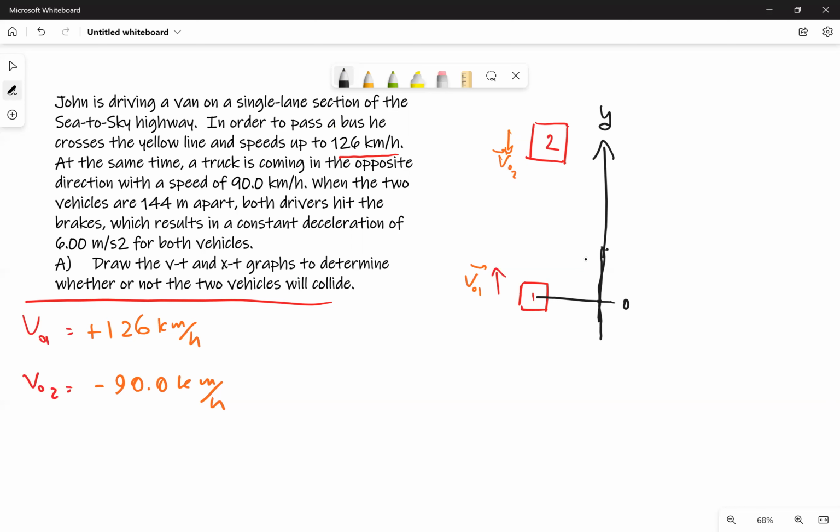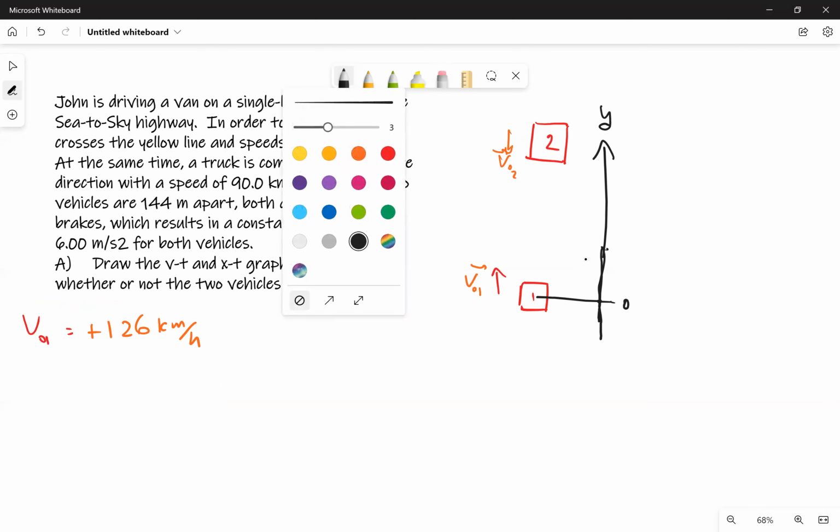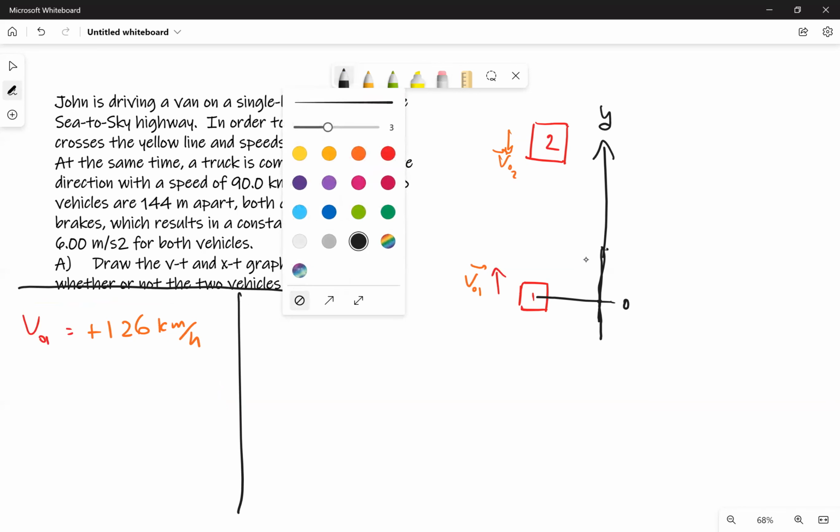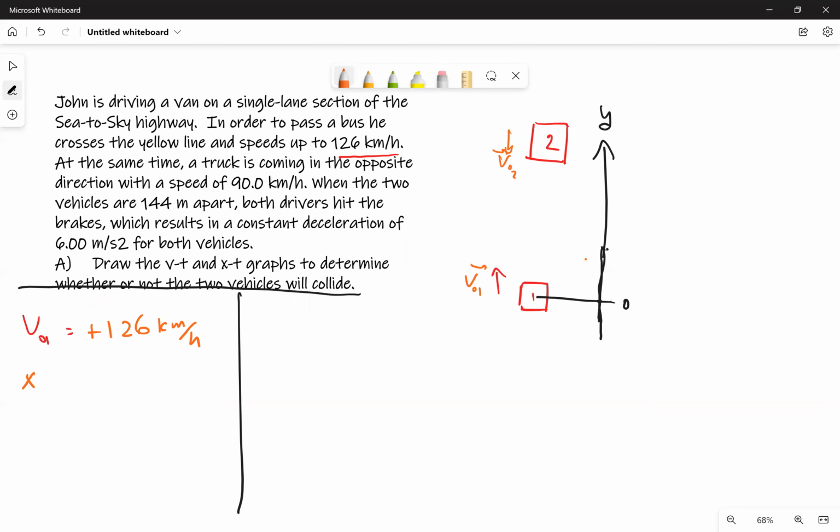Now I can know what the initial position of each vehicle would be. Let me write down all the information related to the second vehicle in another column. This is going to be V01, and Y01.